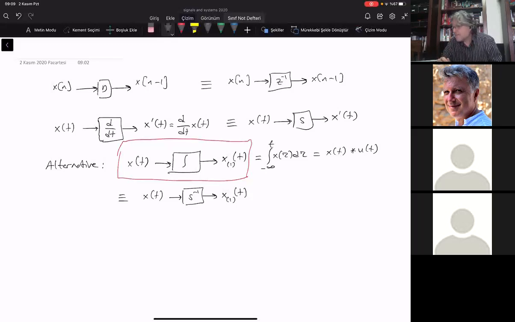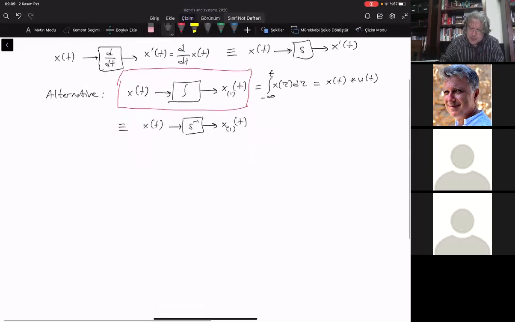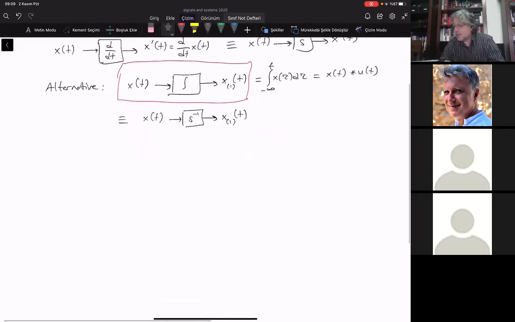So how are we going to use this? We are going to use it for describing, or for first converting the differential equation into an integral equation format. And that confuses things because the ordering of the signals will change.